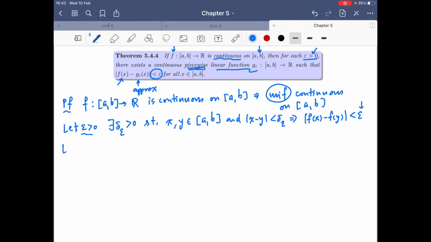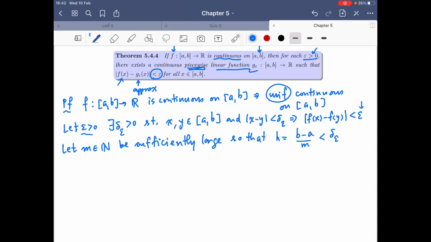So again, as we did previously, we are going to let m be sufficiently large, so that the length of each interval, your h, which is b minus a over m, will always be less than delta.